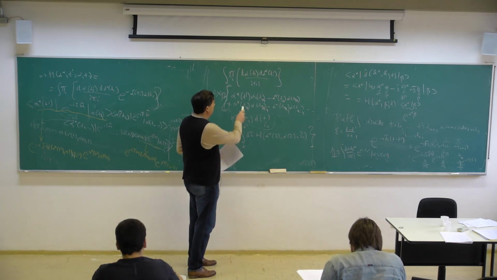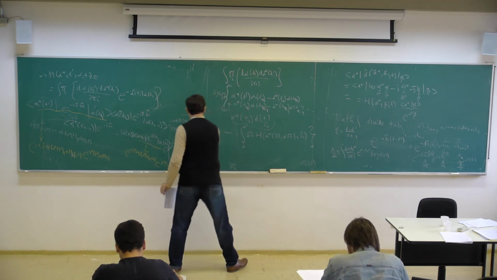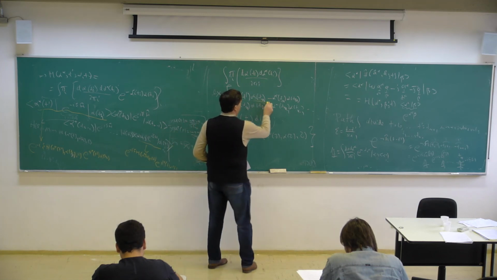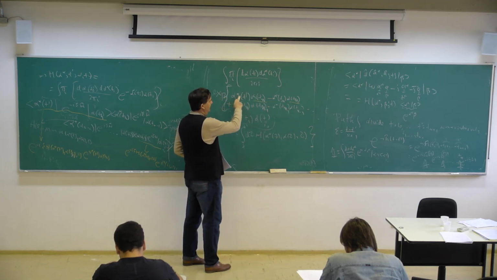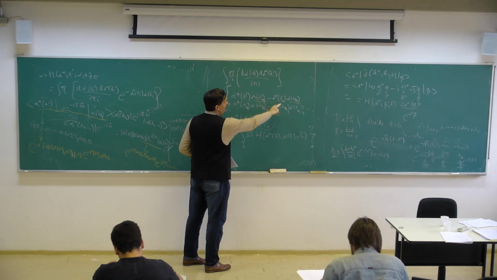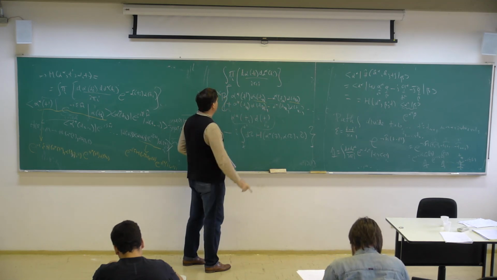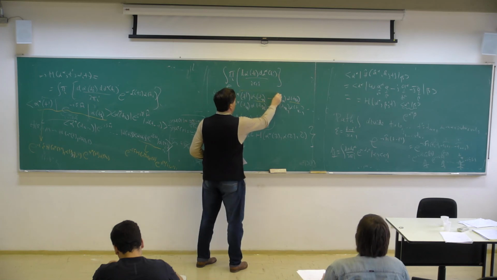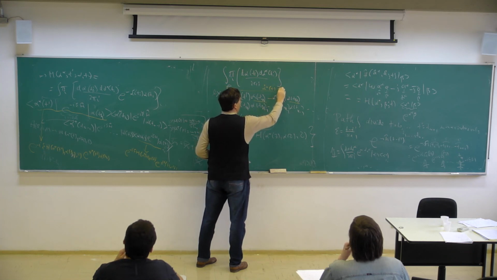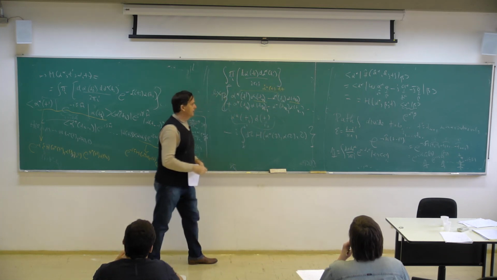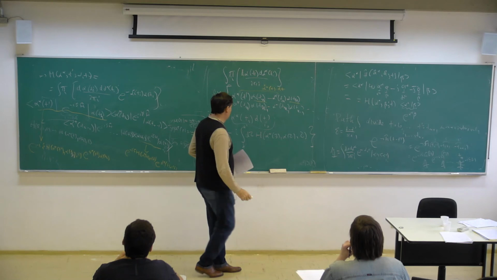So what do we get here? It's the same alpha of t, and then we have alpha star of t prime minus alpha of tn, right? But this is basically alpha star dot of t times dt.